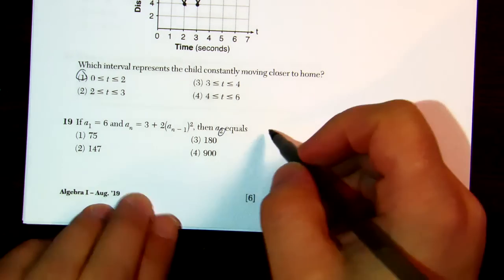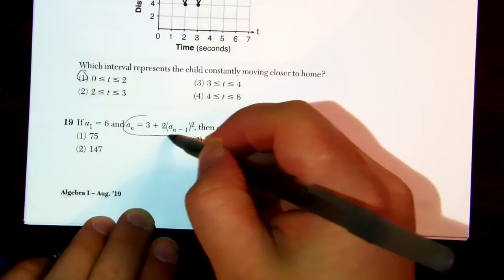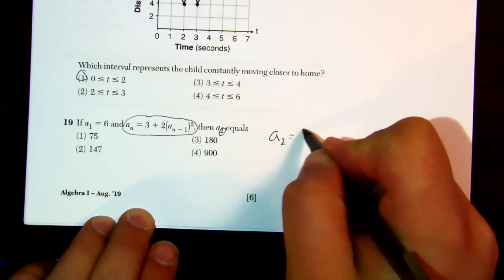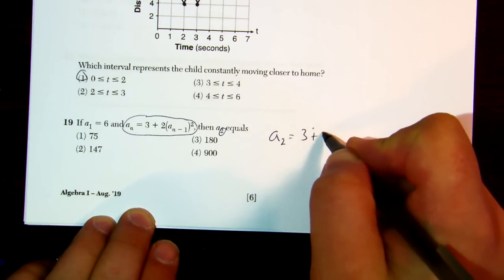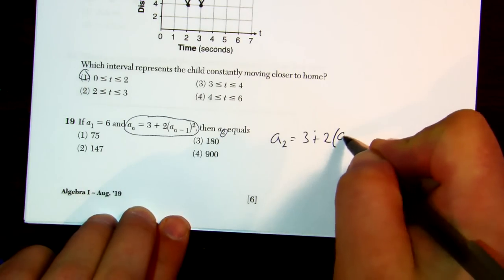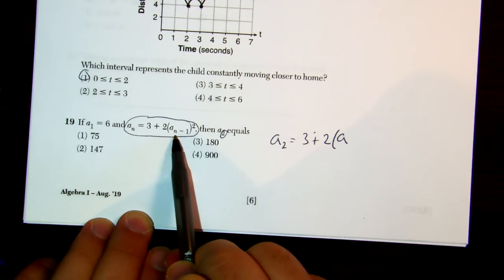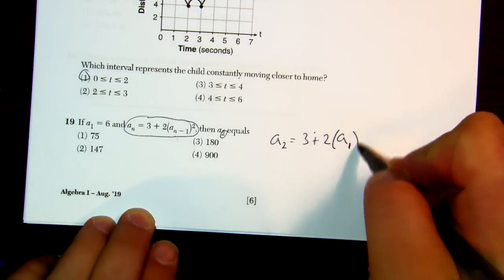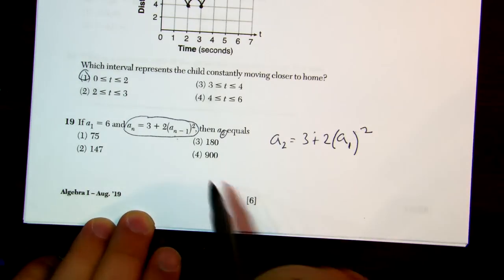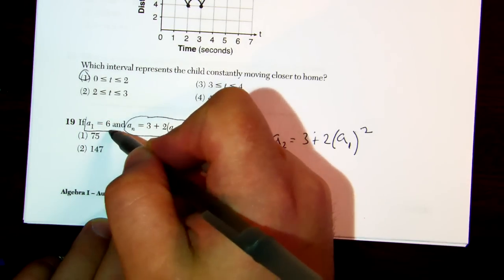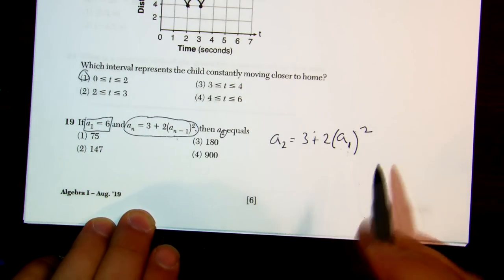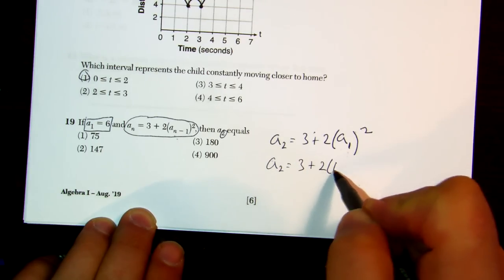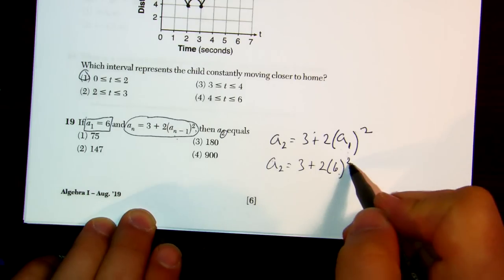So if we take our original equation, a of 2 equals 3 plus 2 times a of, remember n is going to be 2, so 2 minus 1 is 1, so a of 1 squared. It tells us a of 1 equals 6, so I could substitute the 6 in there. So a of 2 is going to be 3 plus 2 times 6 squared. 6 squared is 36.